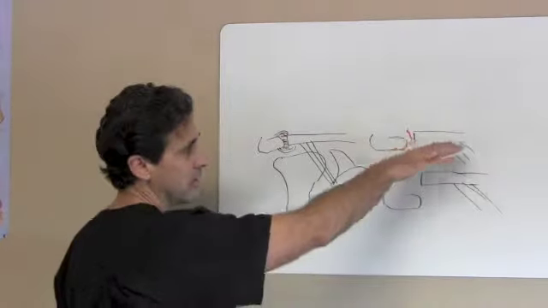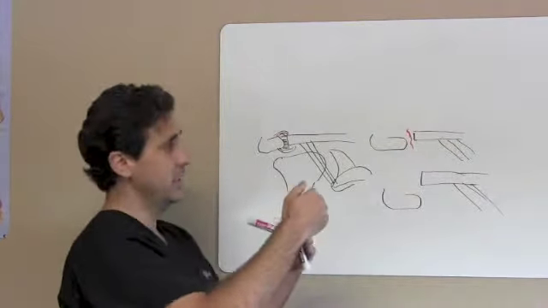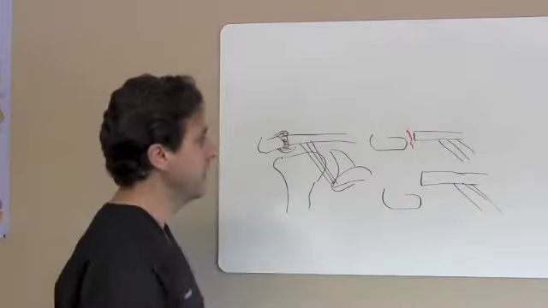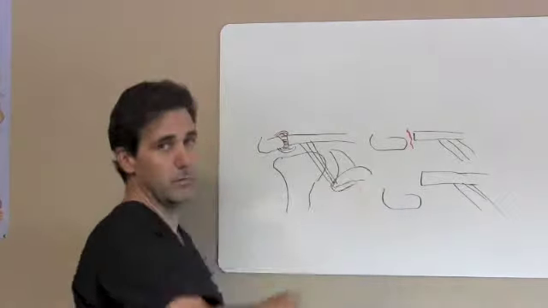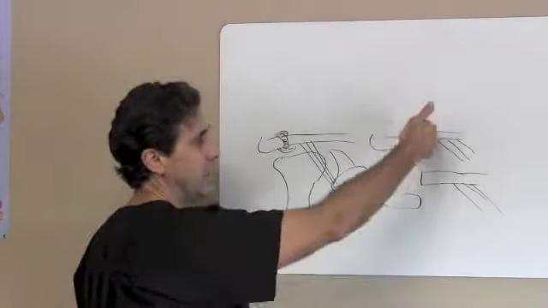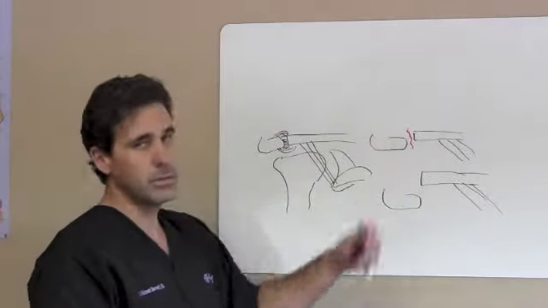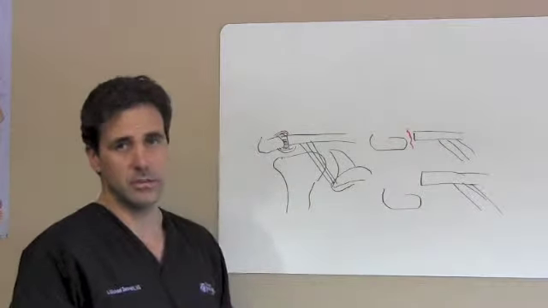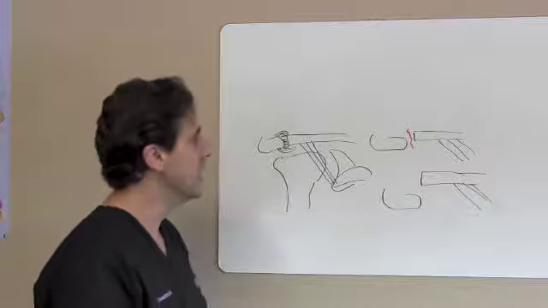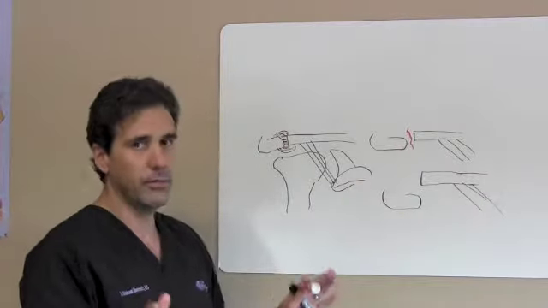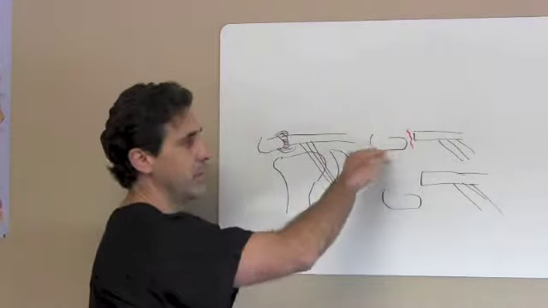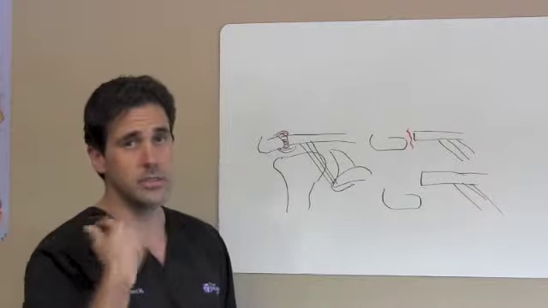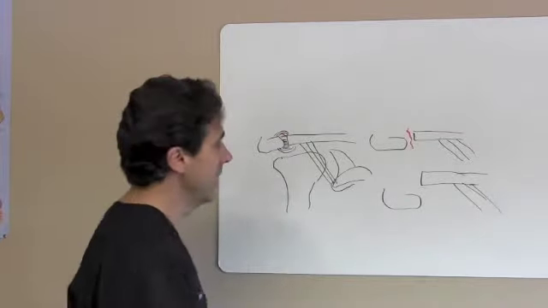So for the most part, you still got a decent alignment. It's not completely stretched out or elevated. And this is a type 2, and you can treat this in a sling and just modification of activities and let it heal. A lot of times people heal up fine with this, and they just have a little bit of a bump there on their AC joint, and it's not a problem.